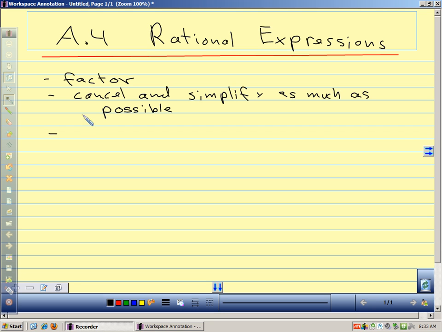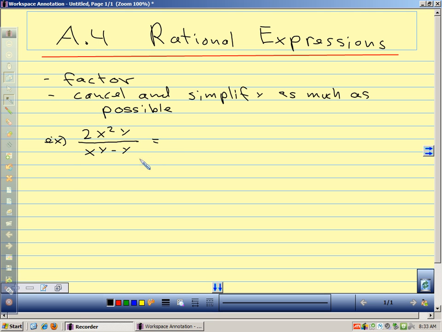So I just want to go through a couple of examples of the different types of problems that we're going to work with here. So let's say we have 2x squared y divided by xy minus y. And we're just simplifying these. We're not solving anything. We just want to simplify this.